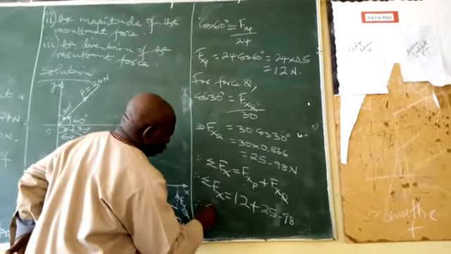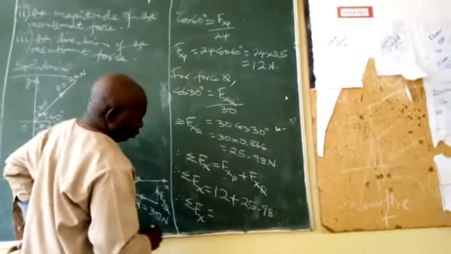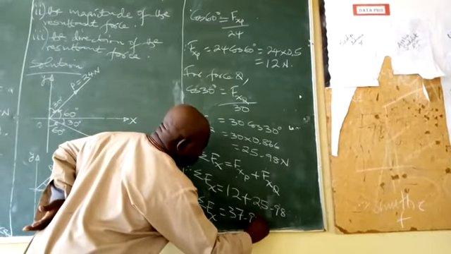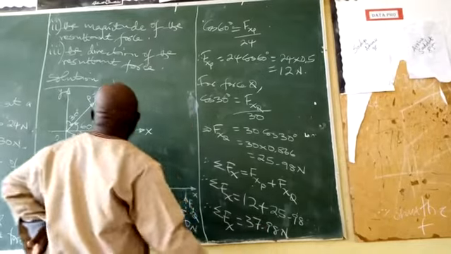So summation F sub x is equal to 37.98 Newton. So that is summation F sub x.